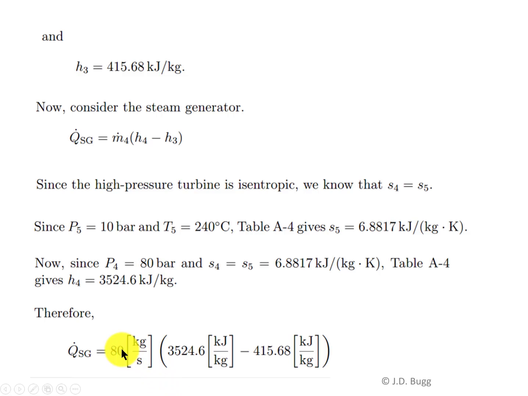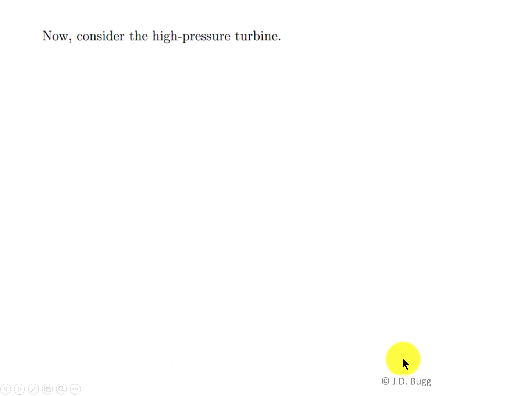So that is 80 kilograms per second times H4 that we just found minus the H3 that we found from the closed feed water heater. And this gives us a heat transfer rate into the steam generator of 248.71 megawatts. Now we move on to the high pressure turbine.